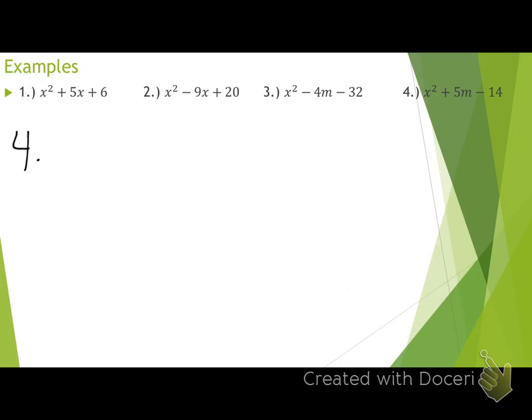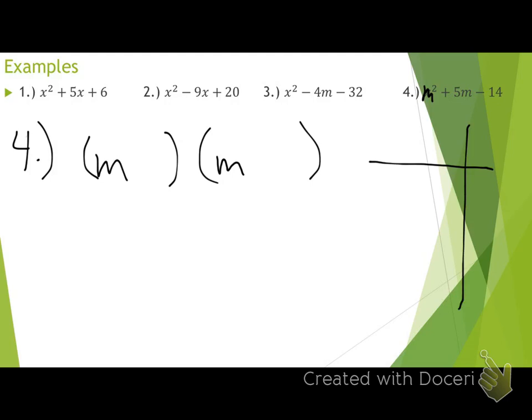Number 4. Let's say that's an M as well. Step 1, make my parentheses, fill in my variable. What's my variable? M. Step 2, fill out my T chart. What's my C value? Negative 14.